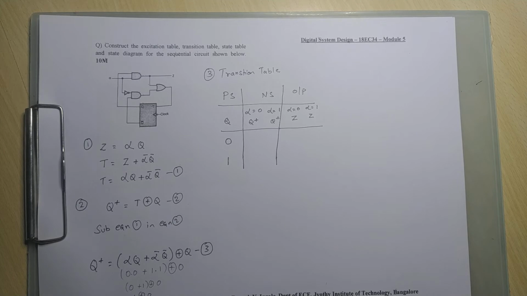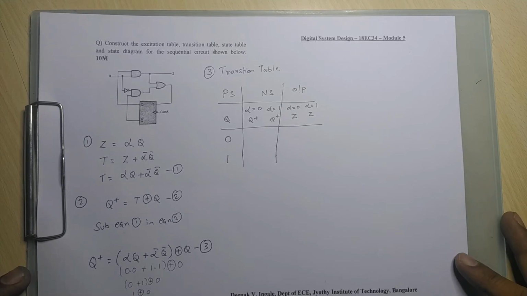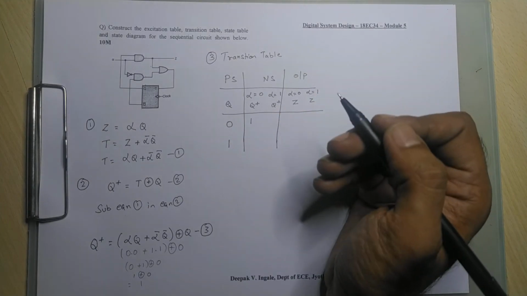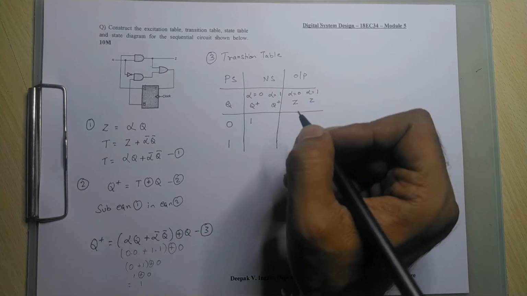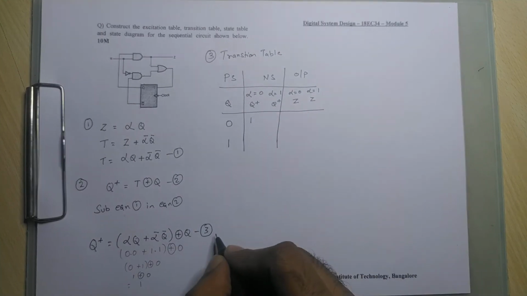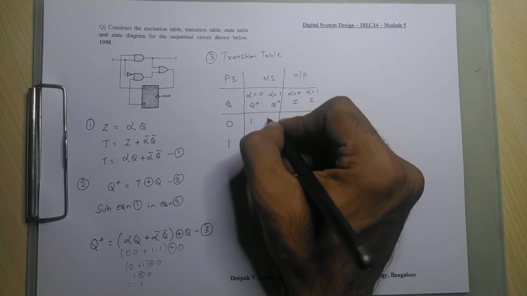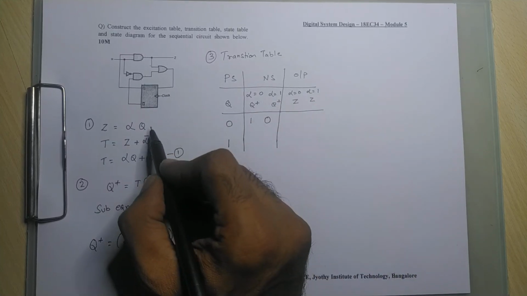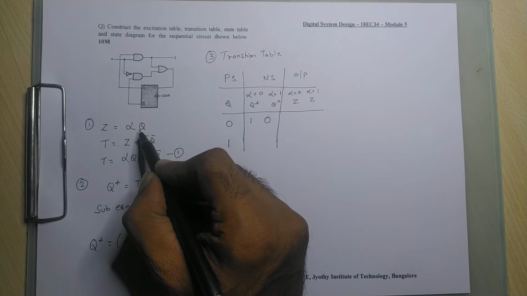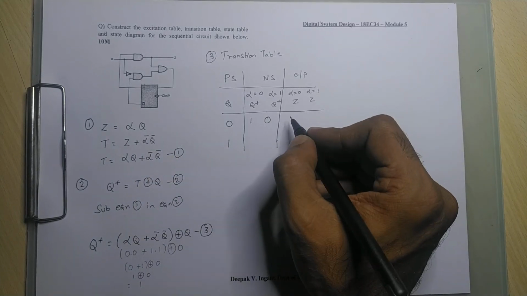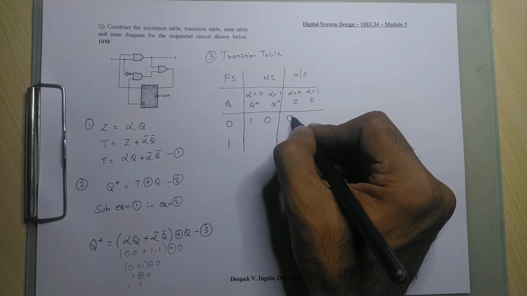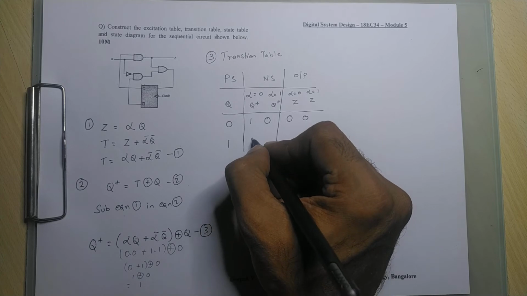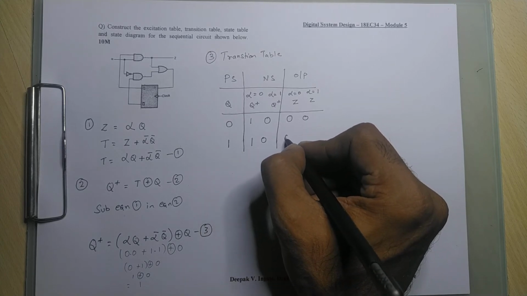So I'll write this value of 1 here. Similarly, I will substitute for Q is equal to 0 and alpha is equal to 1 from this equation, and I will get the result to be 0. Similarly, for Z, from the equation alpha into Q, 0 and 0 is 0, 0 and 1 is 0. Similarly, this will be 1 0, this will be 0 1.